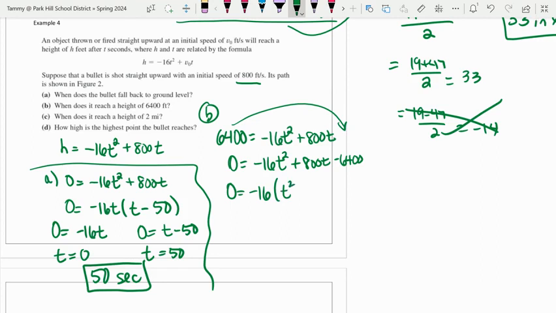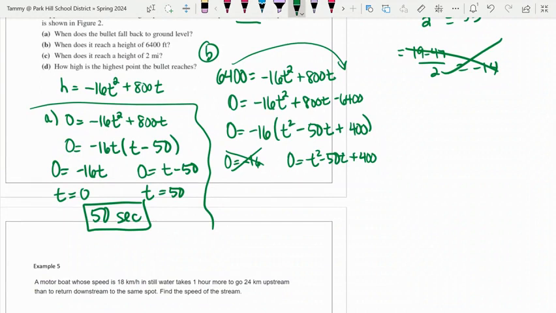So I'm left with t squared minus, 800 divided by negative 16 is negative 50, plus, negative 6,400 divided by negative 16 is 400. So 0 equals t squared minus 50t plus 400.